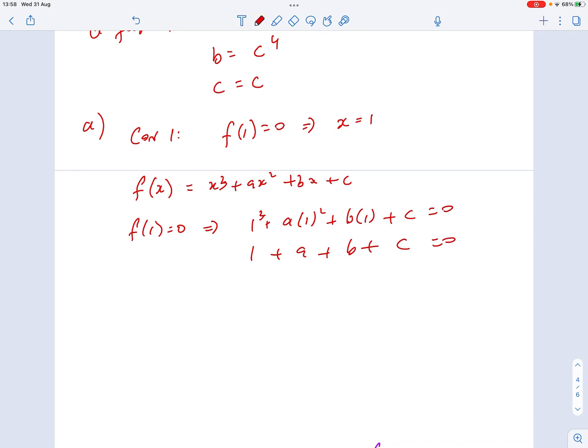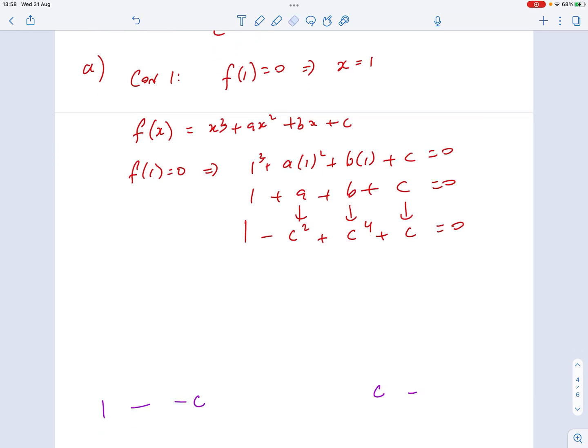Okay. And then we can factorize that. Well, we can't factorize it yet. We need to sub in the values of a, b, and c. So a was minus c squared, b was plus c to the 4, and c is c. Let's write it a bit nicely. Okay, so 1 plus c minus c squared plus c to the 4.